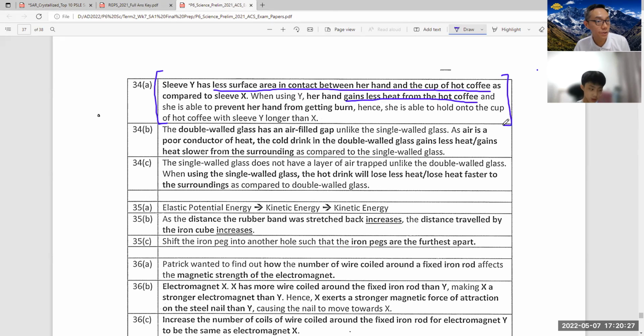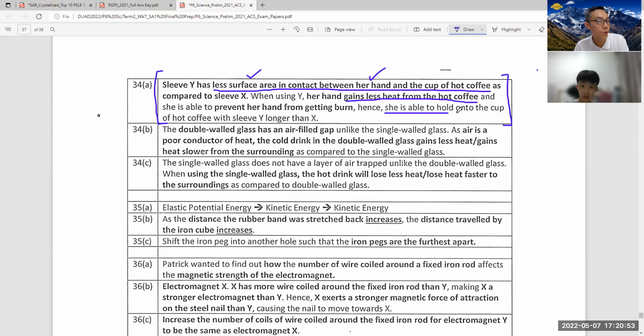Actually, this answer is quite lengthy. If you can't write such a long answer, you write in point form. You just say that sleeve Y has lesser surface area in contact with her hand, so her hand gains less heat from the hot coffee. Those are the underlying important parts.